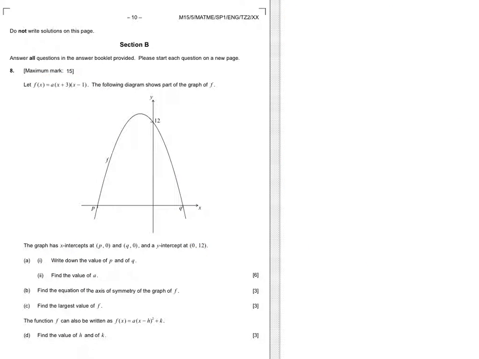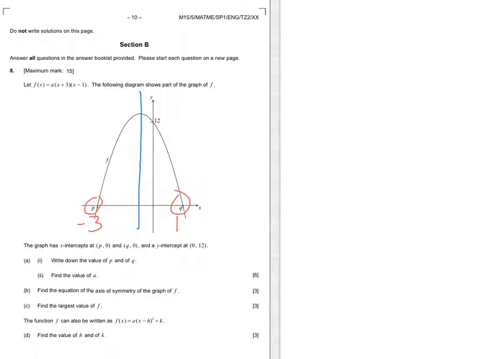Part B, find the equation of the axis of symmetry of the graph of f. Axis of symmetry down here, which is in the middle of P and Q. And we just worked out P and Q on the last slide, minus 3 and 1. There's loads of ways to figure out what number that is that's in the middle there.